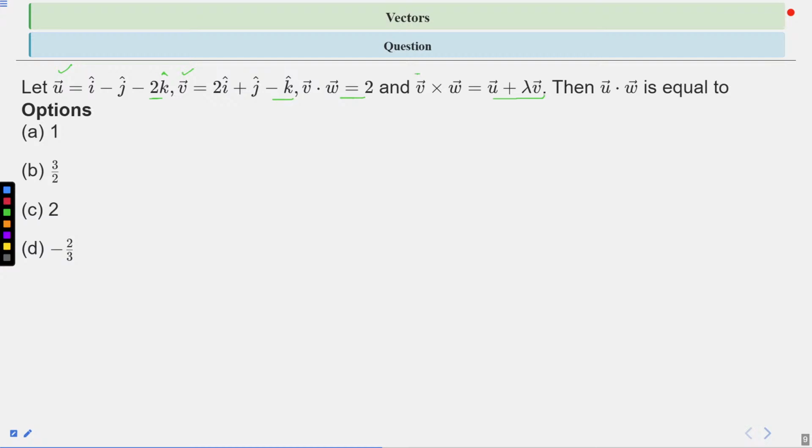So this one is given. Then what is the dot product U dot W equal to? Please solve this question. Option A is 1, option B is 3 by 2, option C is 2, and option D is minus 2 by 3. Please solve.